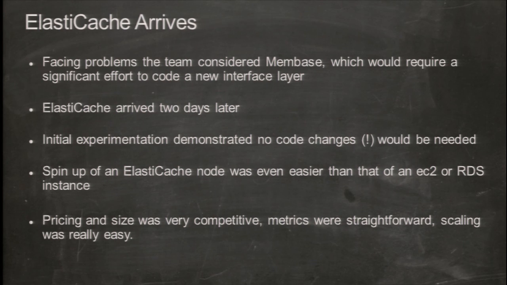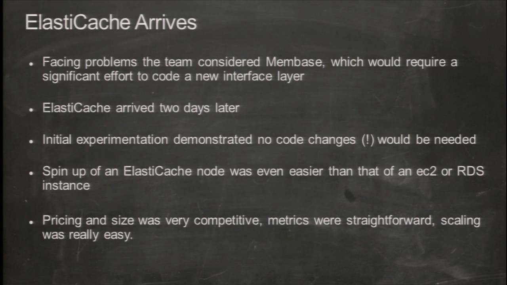You get almost the entire memory space to use. The smallest ElastiCache node I think is like 3.2 gigs, and we were seeing pretty much all of that, 3 gigs, available for Memcached, which is huge compared to the 500 or 600 we were seeing on an individual EC2 instance.